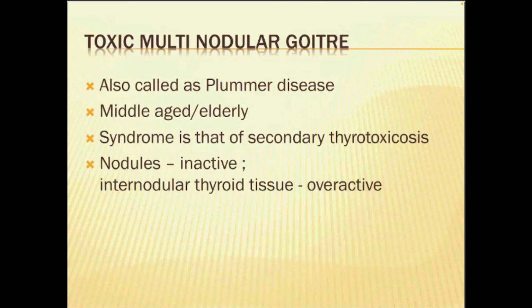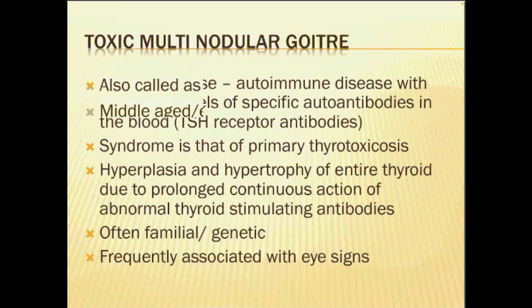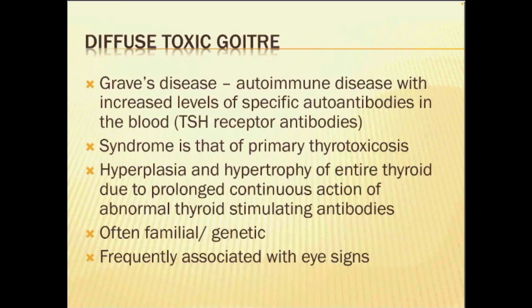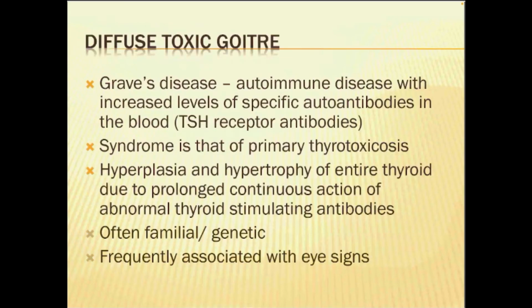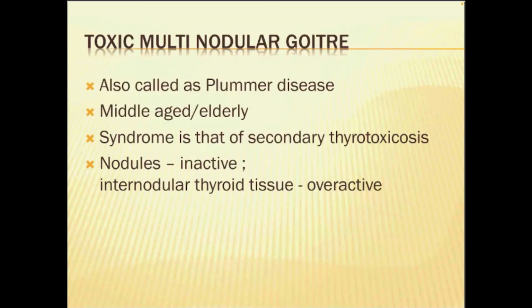This is common in middle age and in elderly people due to toxicosis. As I said already, the nodules can be inactive, that is, not toxic, or they can be overactive.